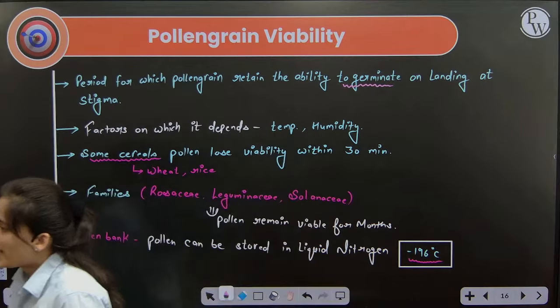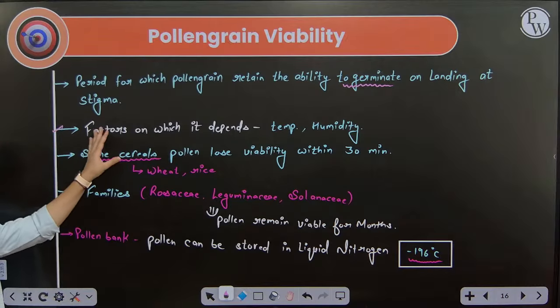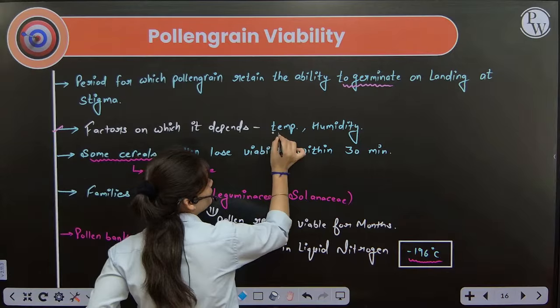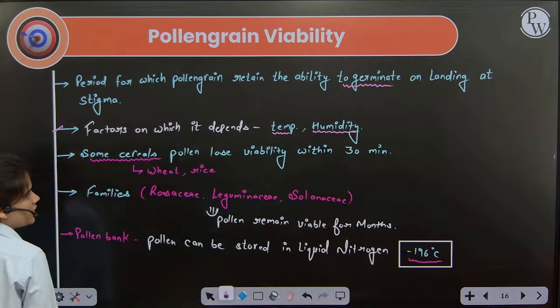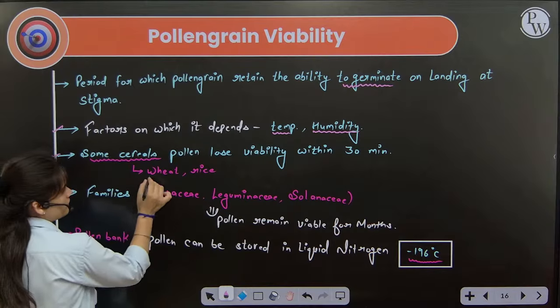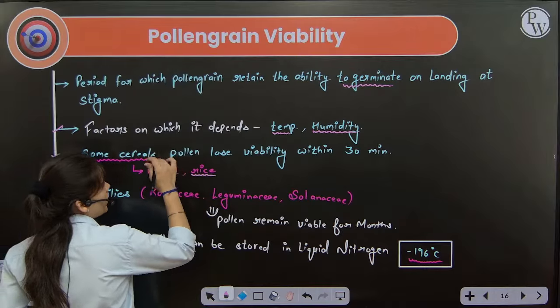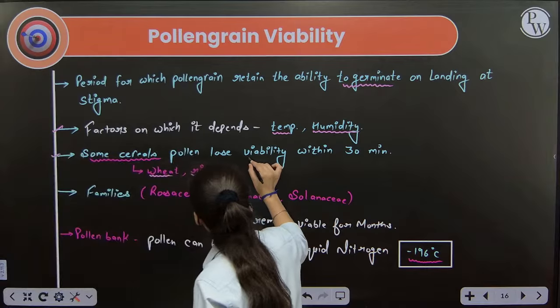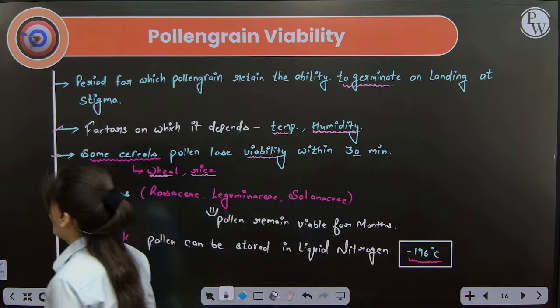Pollen viability further depends on some factors. These factors are temperature and humidity. In some cereals like wheat and rice, pollen grains lose their viability within 30 minutes or half an hour.